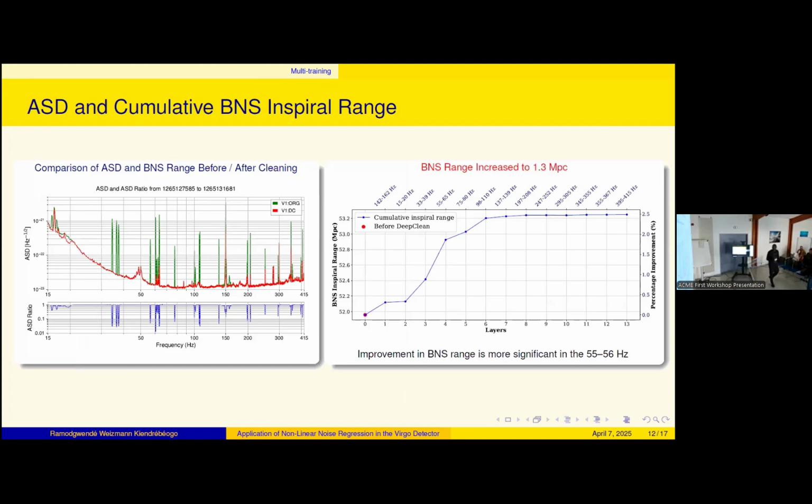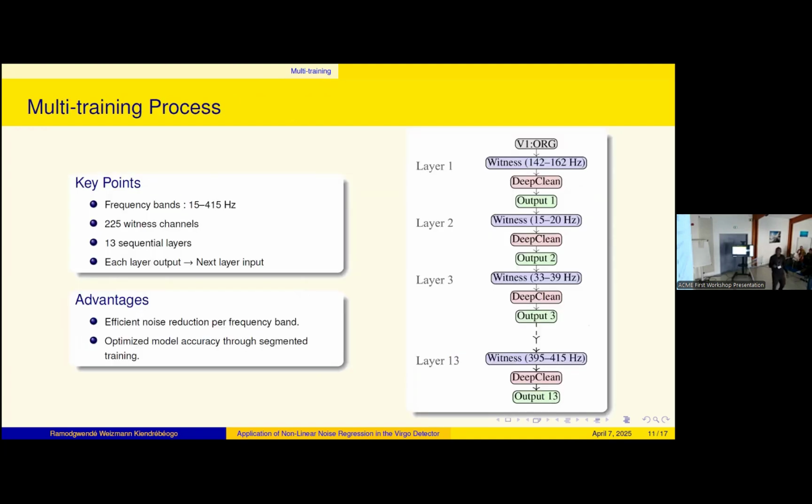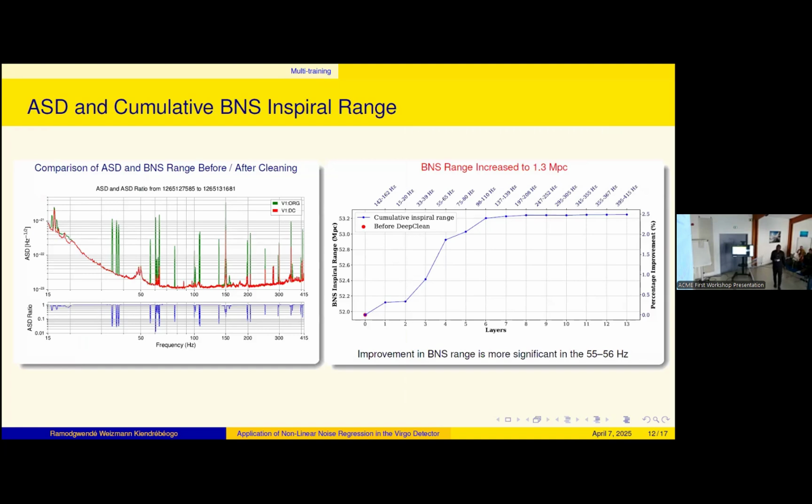As a result, on the left side, we show the amplitude spectral density, and the green one is also always the original data set, and the red one is the data after DeepClean. And we can see where DeepClean was able to remove the noise.